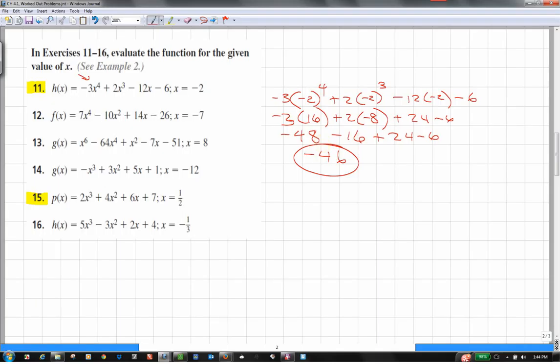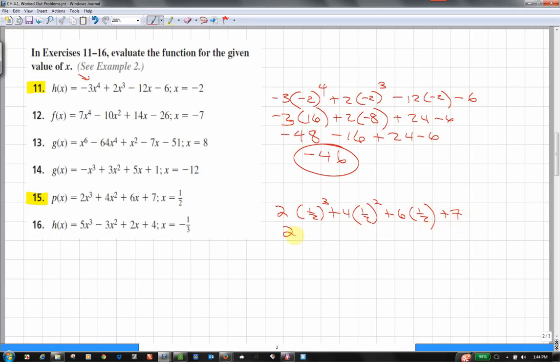So this one's got a fraction, so it's 2 times 1/2 cubed plus 4 times 1/2 squared plus 6 times 1/2 plus 7.